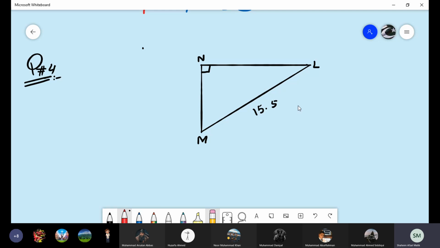It means we have to draw one line from M, and that is MH, and its length is already given, 9.2 centimeters. The angle HMN is labeled, that is 38 degrees.